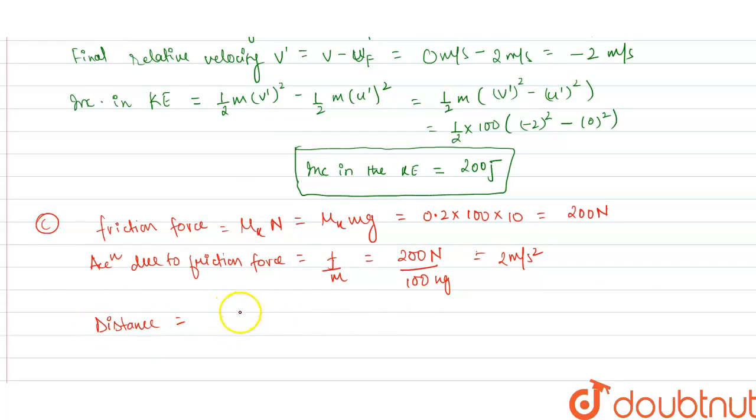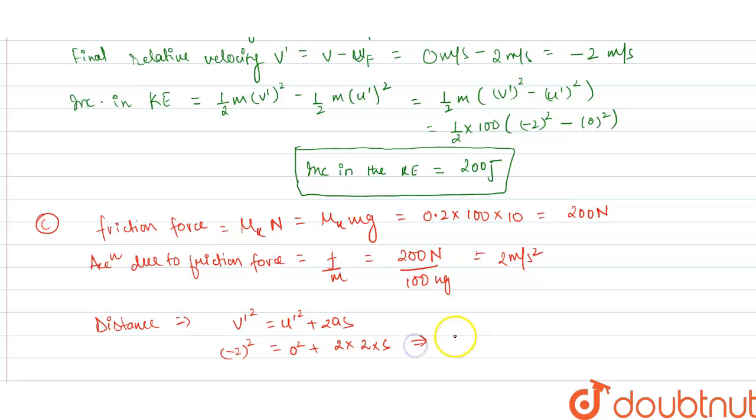The distance can be calculated as v dash square is equal to u dash square plus 2as. Now v dash is minus 2, which we have calculated in the second part. U dash square is 0, plus 2 into the acceleration 2 meter per second square into displacement.